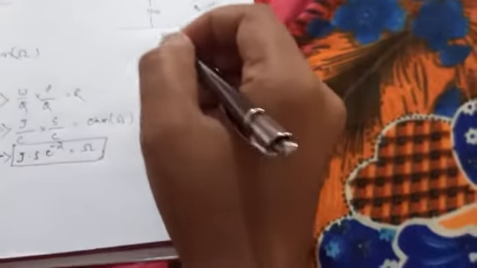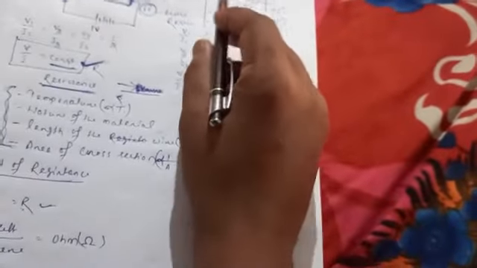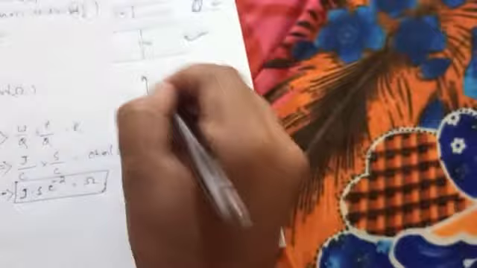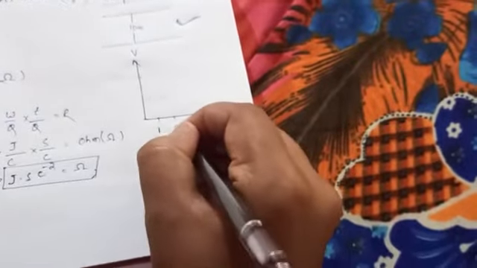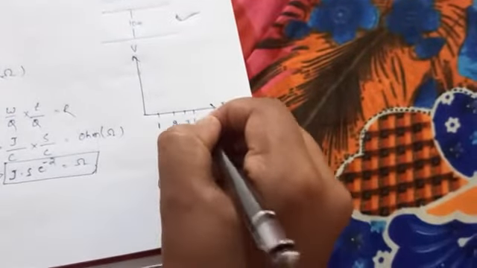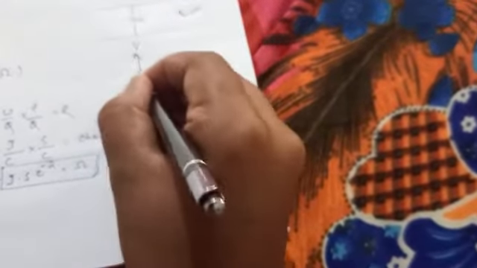Then how will you get the graph? By plotting voltage and ampere, or voltage and current, in a graph. Suppose this is the graph of voltage and current. Suppose this is 1, 2, 3, 4, 5, 6, and 1, 2, 3, 4, 5.